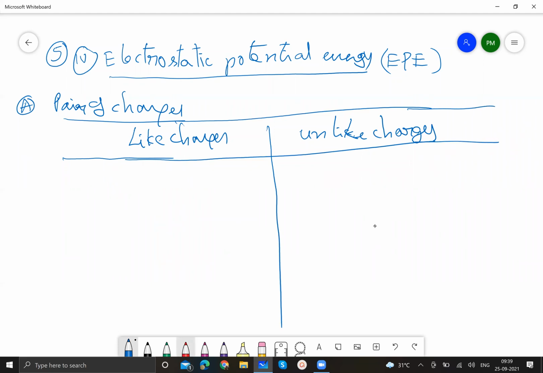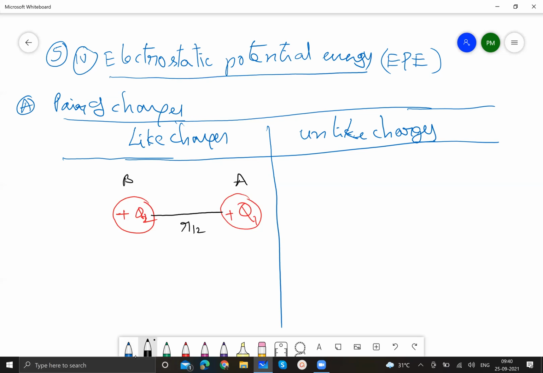So I have two positive charges Q1 and Q2 located at A and B, and the position vector joining them is say R12.